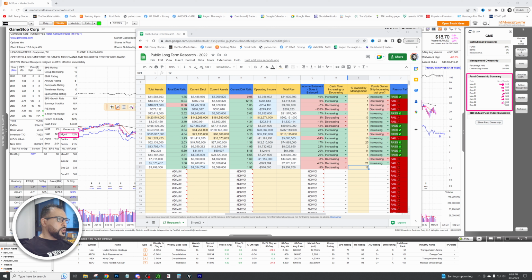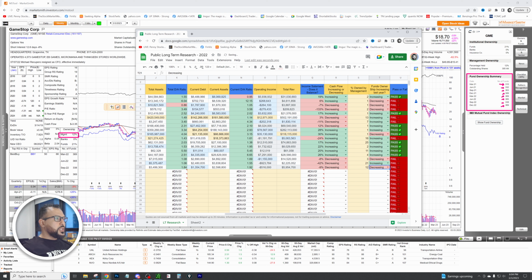Looks like they were falling off here coming into September 2022, but going into the last month of December of 2022, looks like we had almost 30 more funds pick up the stock. All right, so overall, I would say it is decreasing because we don't have enough data to see what's going to happen in the next 3 quarters, but from 2021 till 2022, funds have been decreasing.